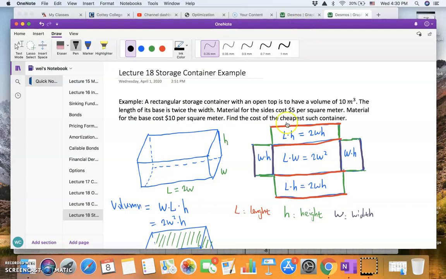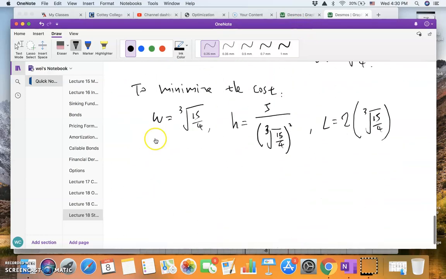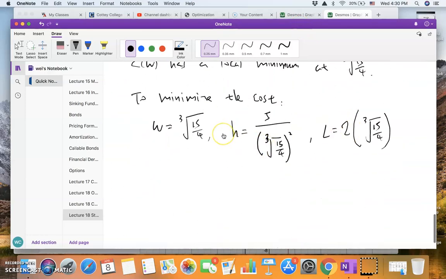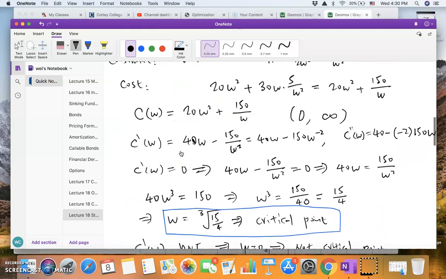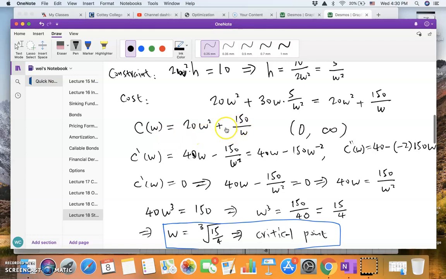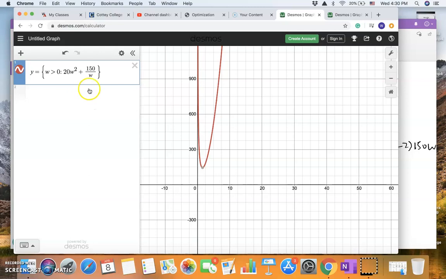And let's take a look at this point, what is the cost? If we are looking for the cost, we can plug the critical point, the cube root of 15 over 4, into the function. That result will tell us the cheapest cost. And I already did it here.